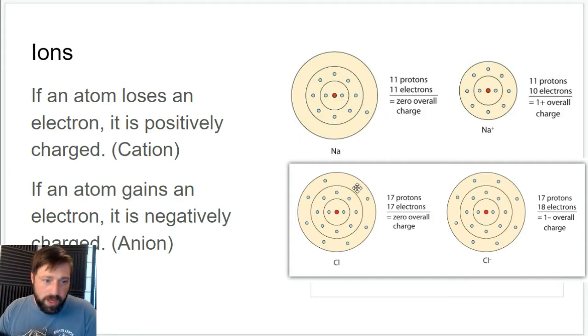The other way, instead of losing an electron, is to gain an electron. Why is it that these guys want to gain electrons so much? Well, it's because the number of protons in the nucleus is pretty high. For chlorine, compared to the distance, with these 1, 2, 3 energy levels, it has a large nuclear charge.